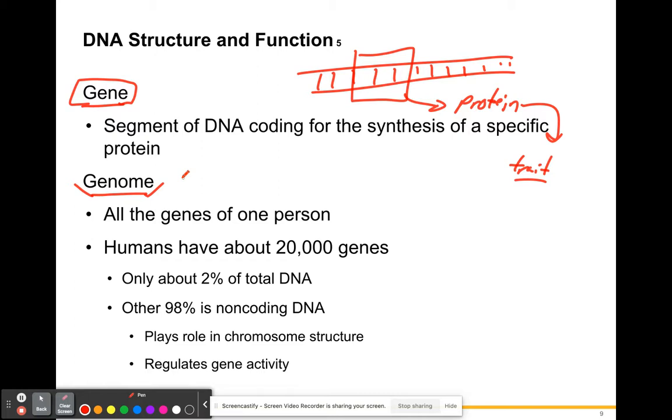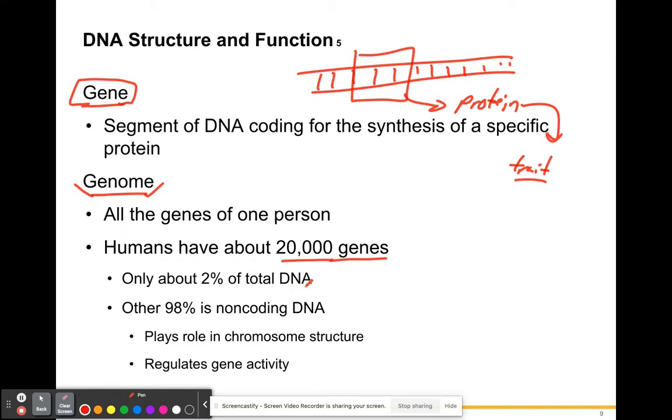We know where the genes for just about every trait that we know about are in the genome. Okay, we know right now that we have about 20,000 genes. We thought we had millions of genes. Before the Human Genome Project was done, scientists believed that there were millions of genes. We found out as we discovered more things that we were way off, and there's only about 20,000 genes. Still a lot of genes, but a lot less than what we thought.